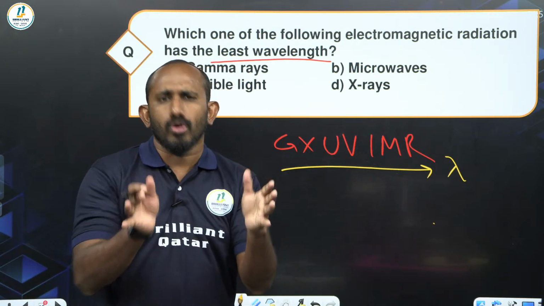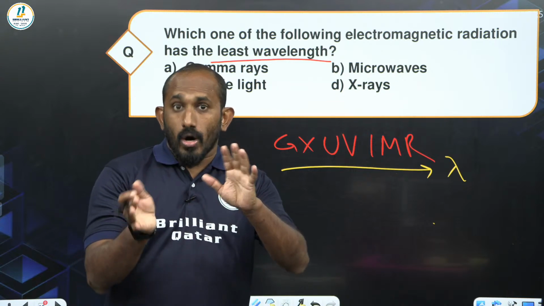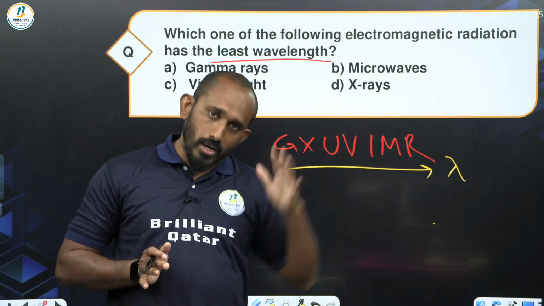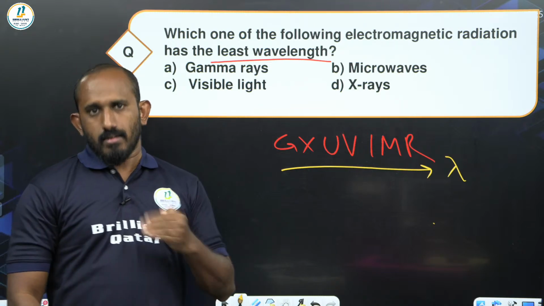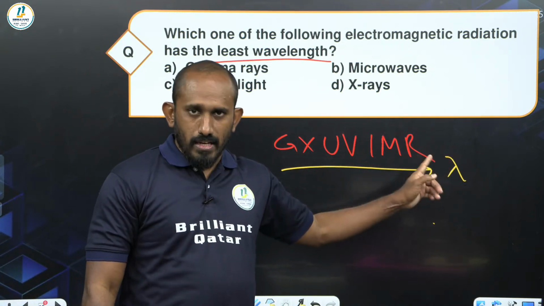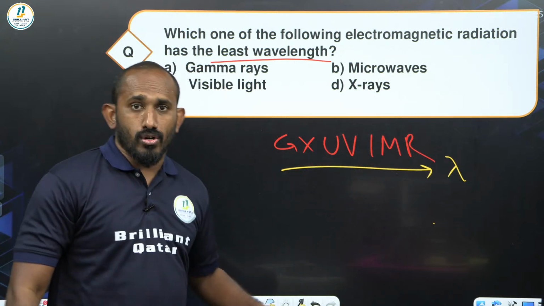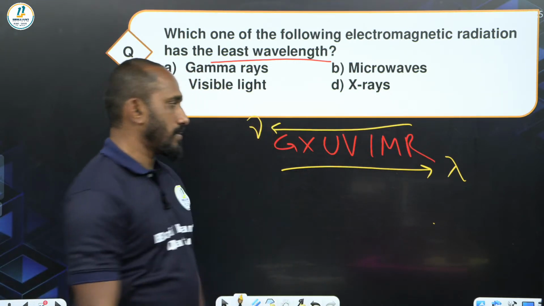If you study this code now, one mark you can secure. Either they will ask you to arrange in ascending or descending order, or they will ask which has the highest or lowest wavelength or frequency. If it is ascending order of wavelength, then this is descending order of frequency. Frequency just changes opposite; nu will be opposite.